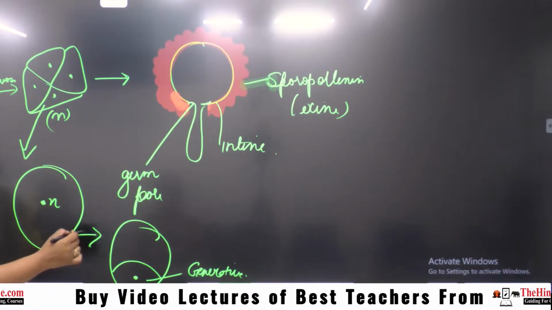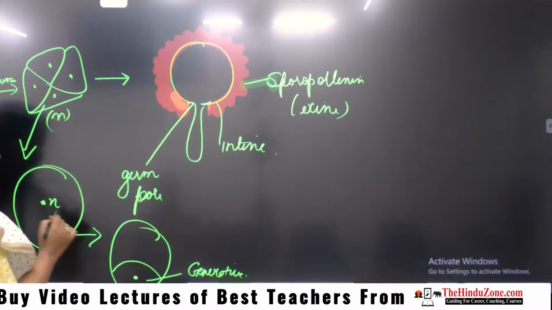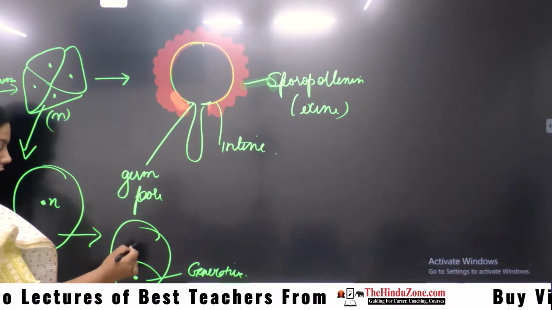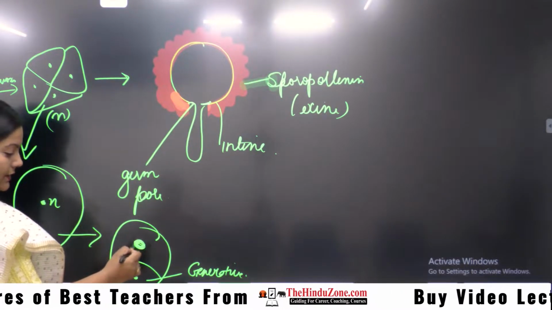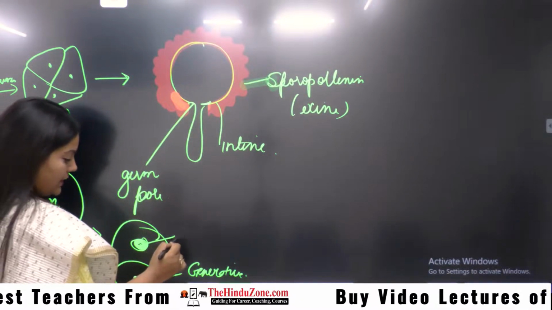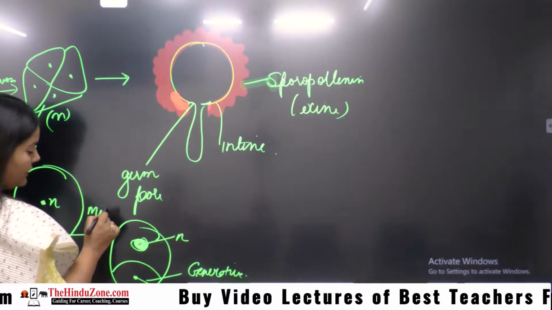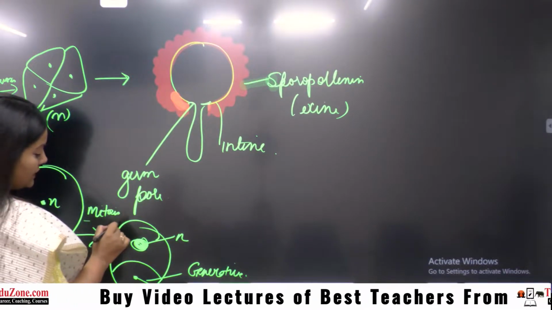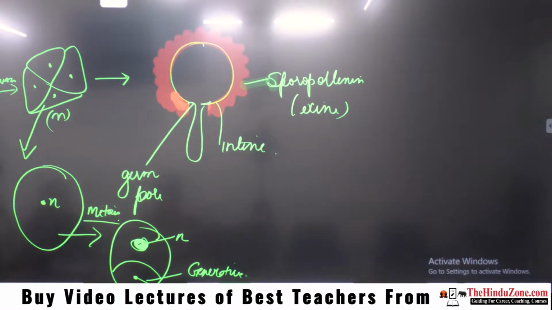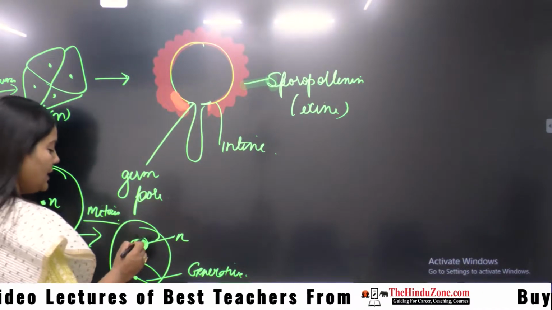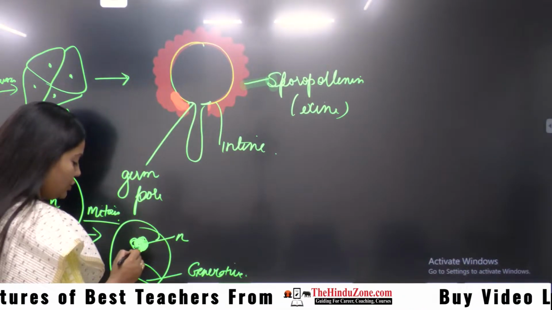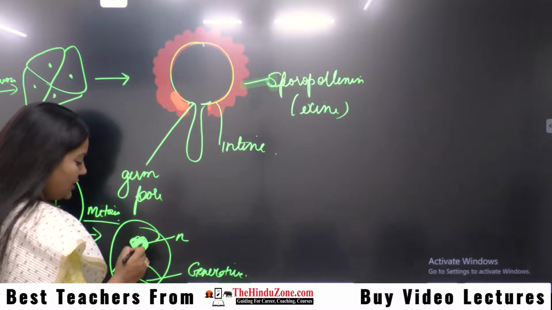After this, whatever is happening, at this stage n is dividing again into n and n. Two cells are here. This is also n, this is also n. So this is a result of mitosis, not the result of meiosis. So this will be an irregular shaped nucleus and a larger one.